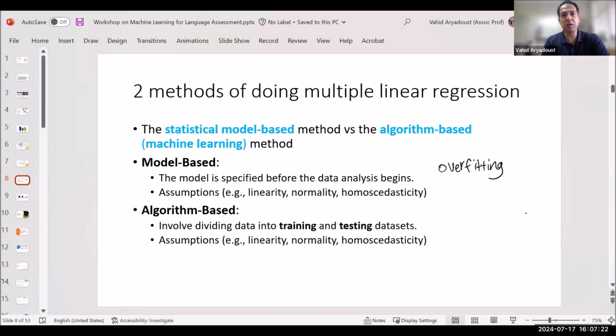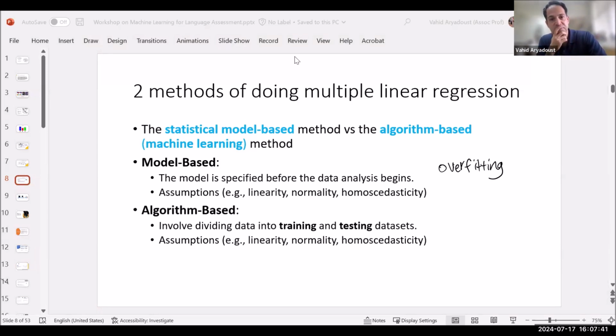Since this is a workshop and I don't want to be the only person who talks, does anyone like to define overfitting? Feel free to either type it or open your microphone and share your thoughts on overfitting. Nobody likes to give it a try?